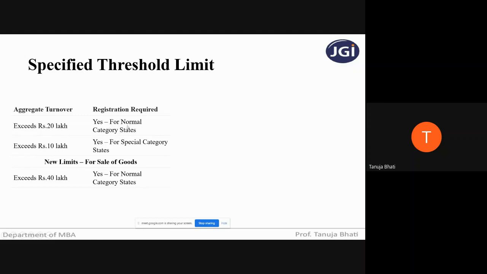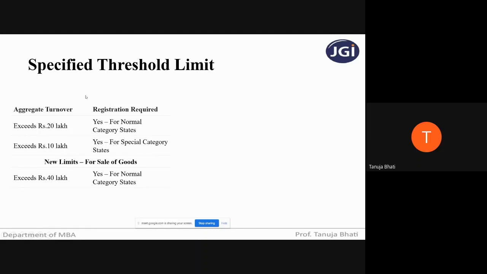Yes, for normal category states. Now, what are normal category states? Excluding the northeastern states. Now where the aggregate turnover exceeds 10 lakhs, is the registration required? Yes, for special category states. That is usually the northeastern states. So the special category states are Manipur, Mizoram, Nagaland, Tripura. So that we will be seeing now.